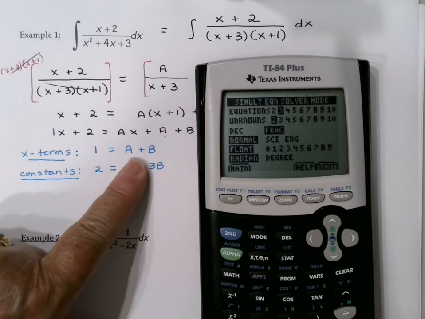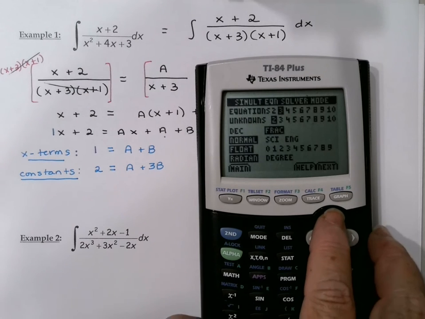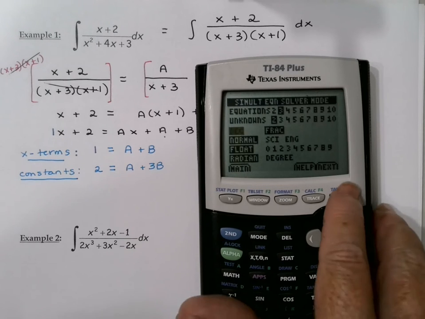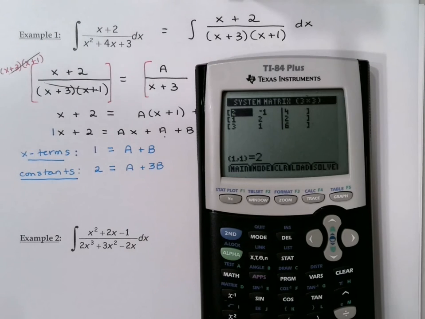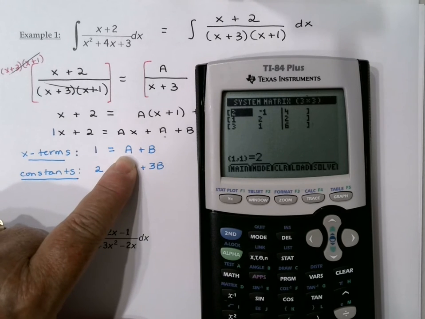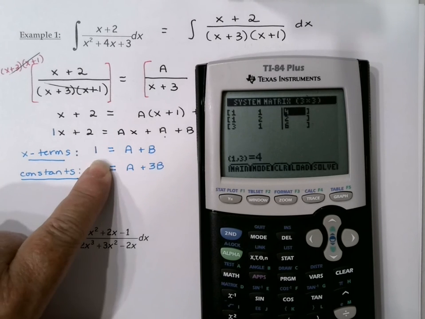I do have 2 unknowns and 2 equations. So up here everything looks good. Equations 2, unknowns 2. I'd like fraction form. Everything else looks good. And I do have to be careful how I put this in. The coefficients of the variables go on the left. So this is 1a and 1b equals 1.